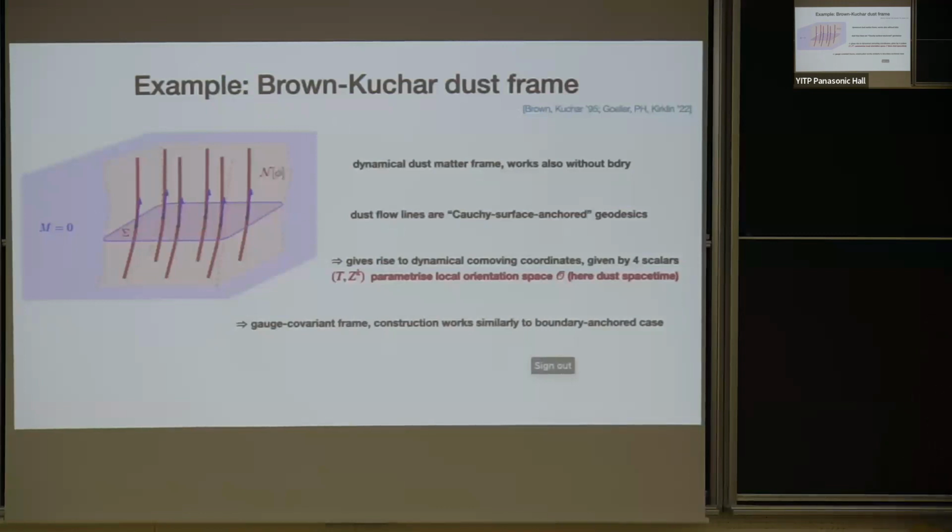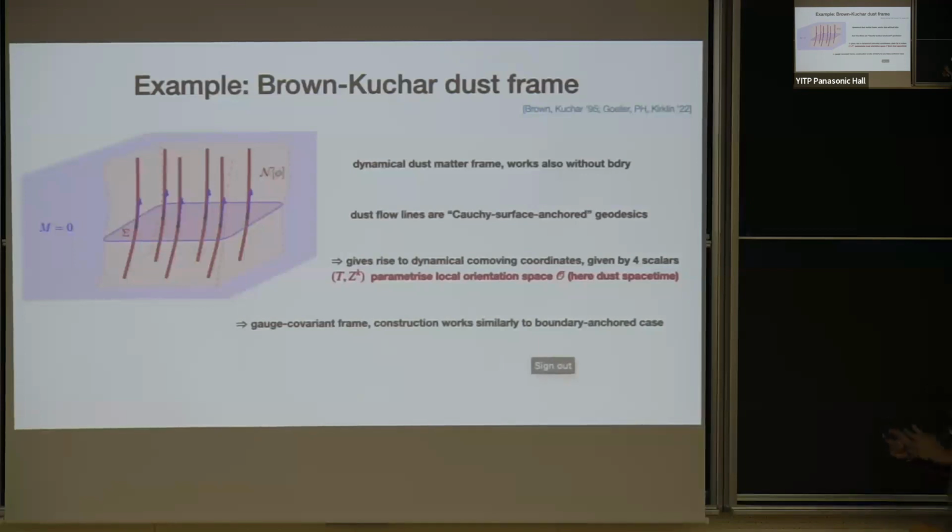Then instead of boundary anchor geodesics, you can look at Cauchy surface anchor geodesics, and it turns out you can find dynamical reference frames in that case as well. Those are basically just given by 4 dust scalar fields that are diffeomorphisms from at least parts of space-time into such a dust space-time, or into an orientation space. And again, they satisfy the properties that I mentioned before.